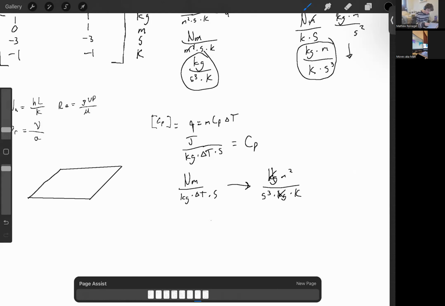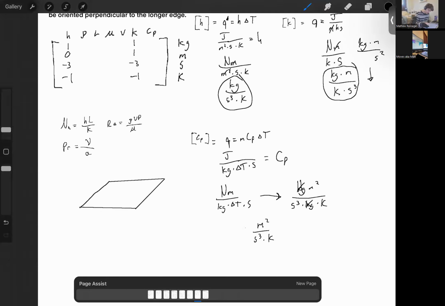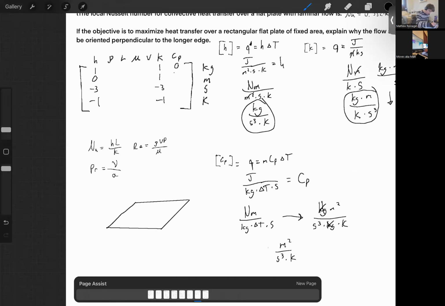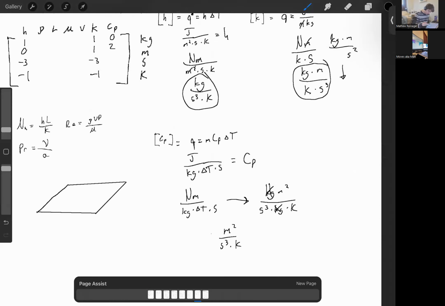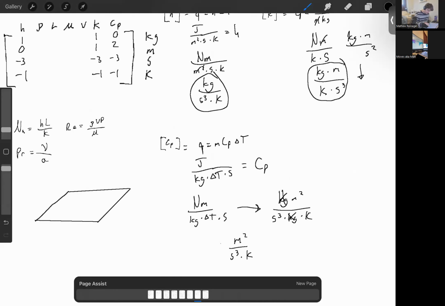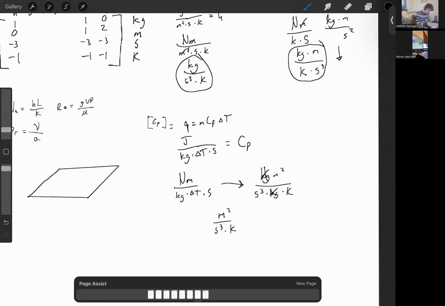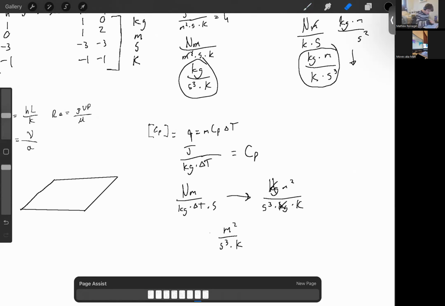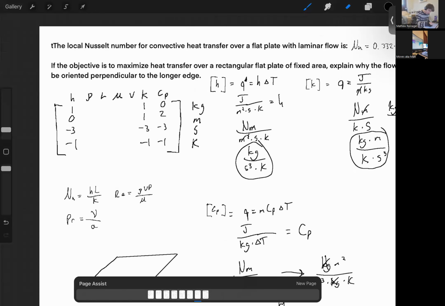We remove the kilograms, and we're just left with meters squared over seconds squared times temperature. Actually, this is just heat, so there's no extra second here. We're trying to be as correct as we can be for the Buckingham.